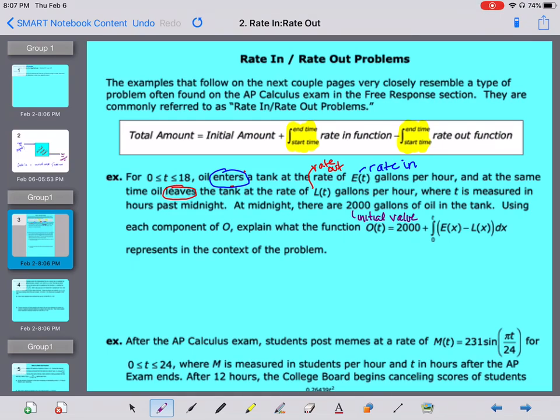You'll notice that the first sentence says E of t and L of t. When we're creating a generic integral, and that's exactly what we're doing here, because it's going from 0 to some time t that we don't know, we often replace the original t's with x's.